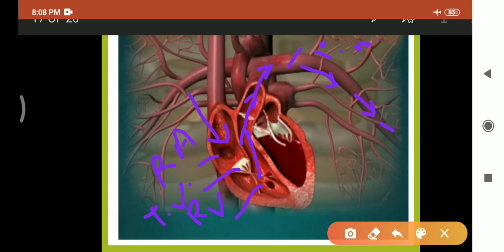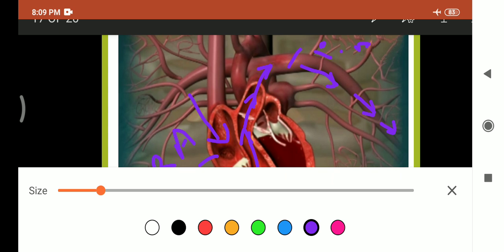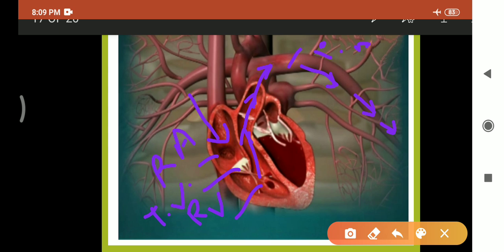Okay, when this blood is oxygenated, what is the next procedure? The pulmonary veins. Where are they? This is here. So these pulmonary veins take this oxygenated blood to the heart again. Once again the heart is reached with oxygenated blood.